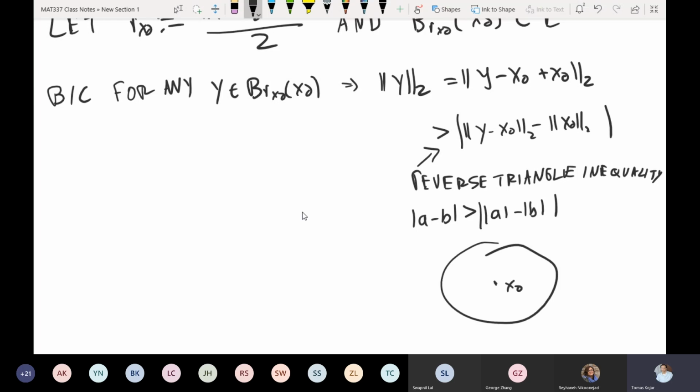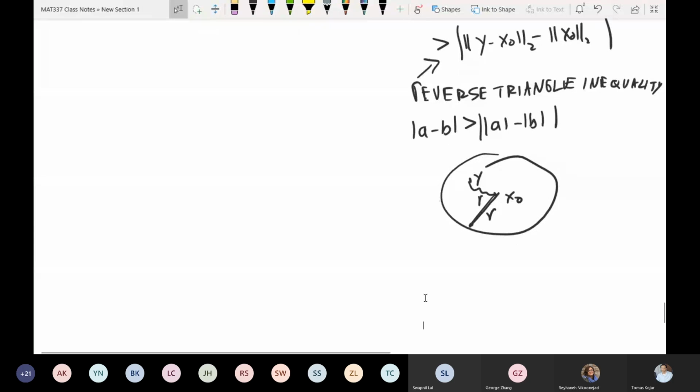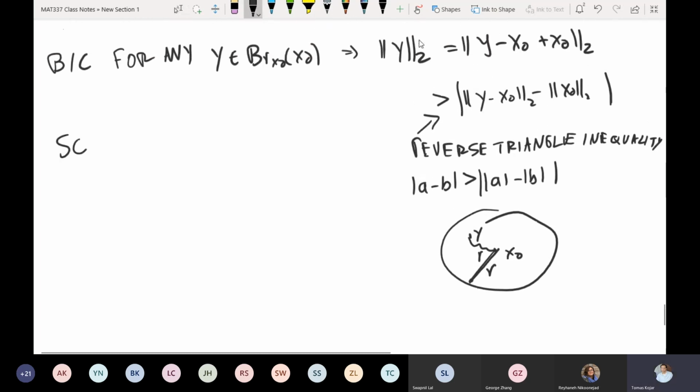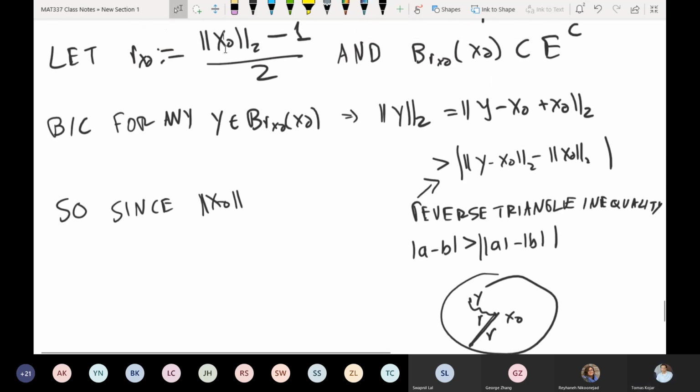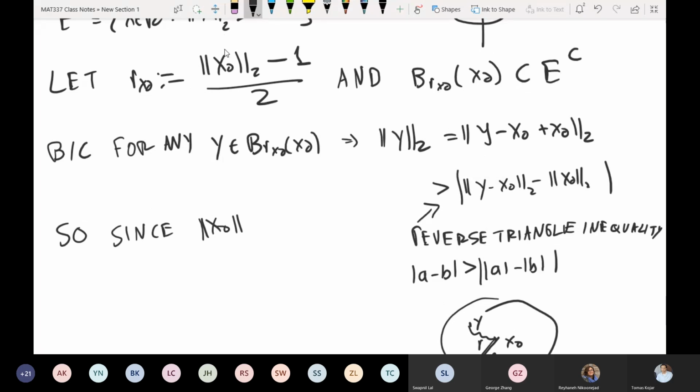The picture is you have x naught, and then you have y, and this distance is less than R, and this is R. Since x naught is bigger than 1, you can also get, yeah, I'll leave the details to you.